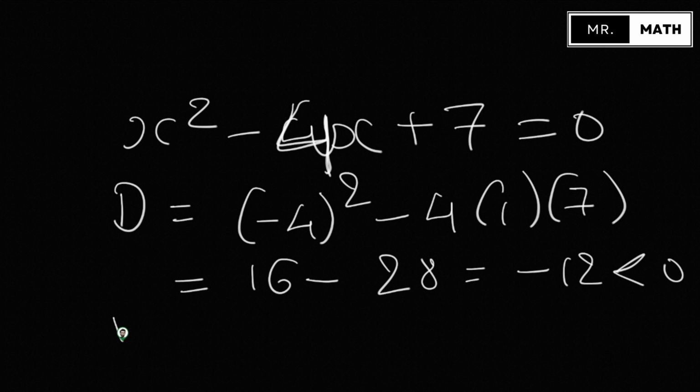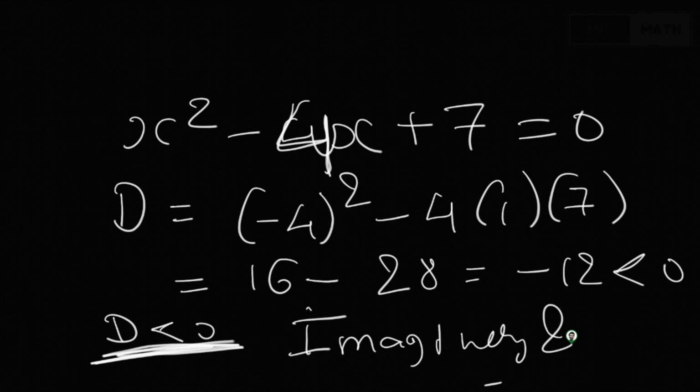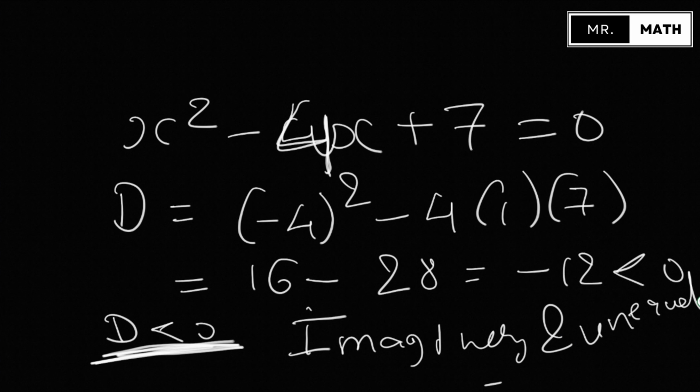Minus 12 is less than 0, which means D is less than 0. This means the roots are imaginary, and unequal as well, right?